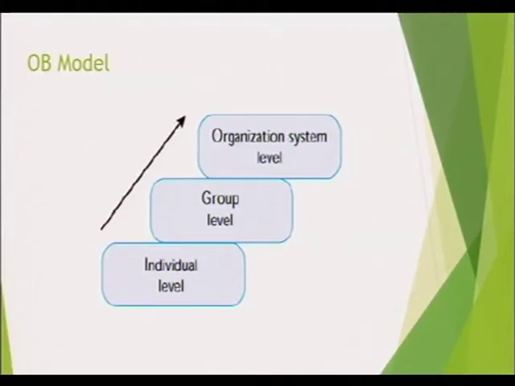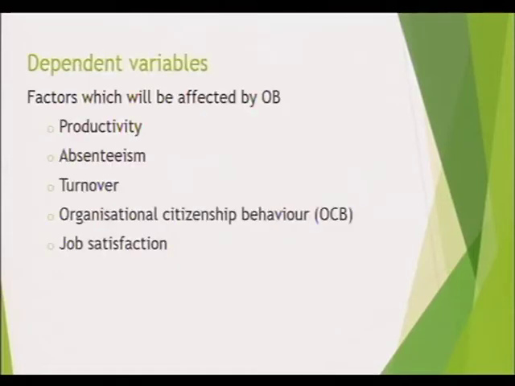You start with the lowest ladder, which is the individual himself or herself, and then coordinates or relates with other people. They form groups, and then the groups, they form the organization system. So that's a model.